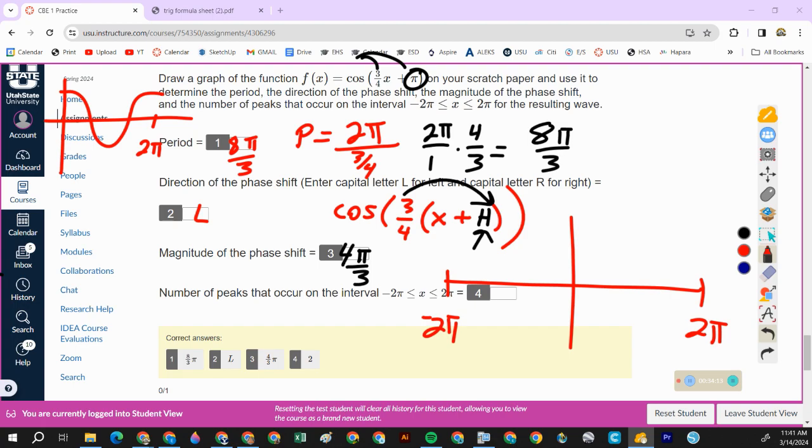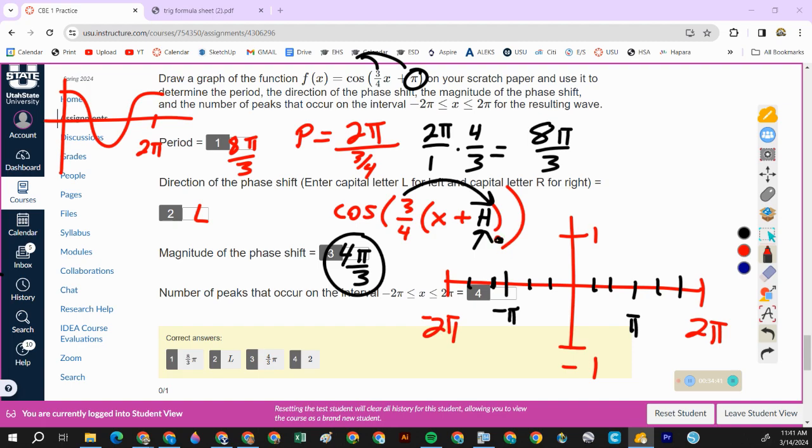I am starting left 4 pi over 3. So if this is -pi, and this is pi, -4 pi over 3 is right here. And the cosine starts up at 1. Does that make sense?